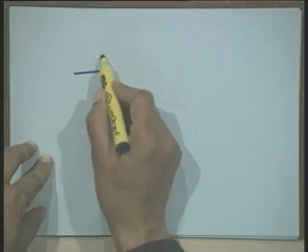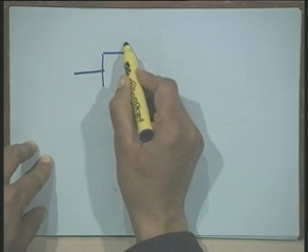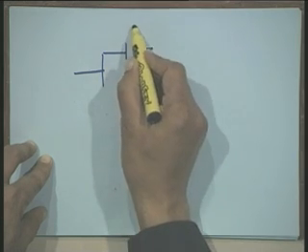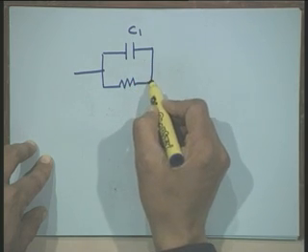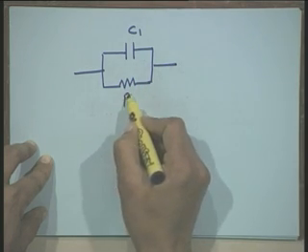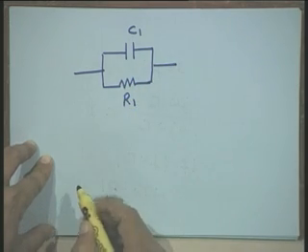Suppose you have a circuit comprising a capacitance C1 and a resistance R1.